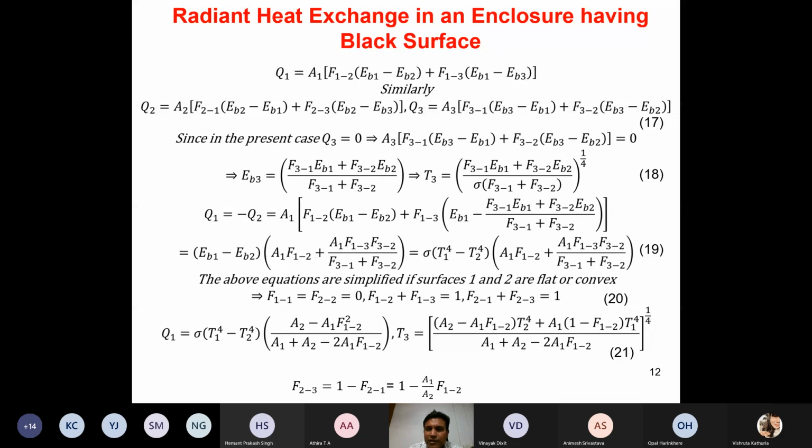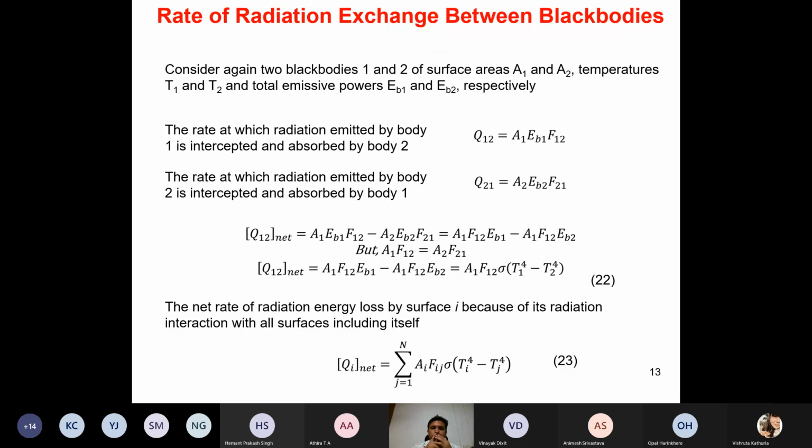Sometimes it is not easy to follow, but if you do it yourself line by line carefully, then you will understand what we are doing in this slide. Can we go to the next slide? Yes, it's okay.